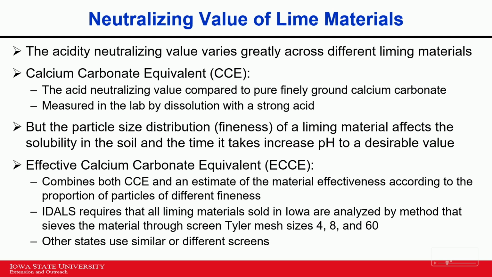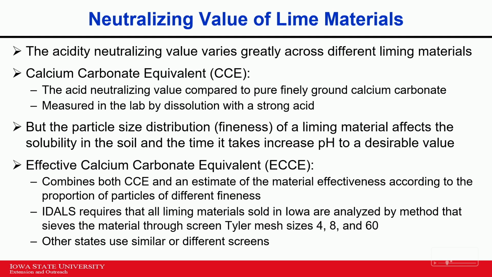Now, honestly, we here at Iowa State, even my senior peers that retired or passed away already, didn't have a clue where these efficiency factors came from. And we did some research here.